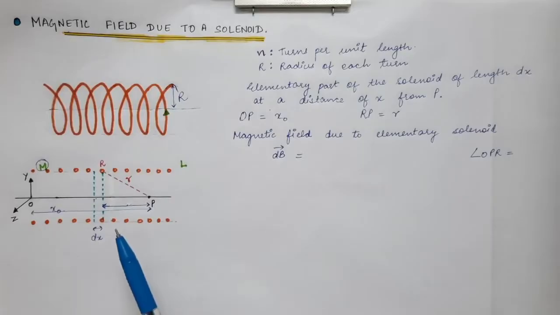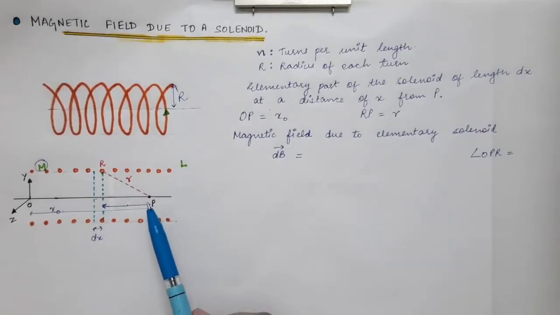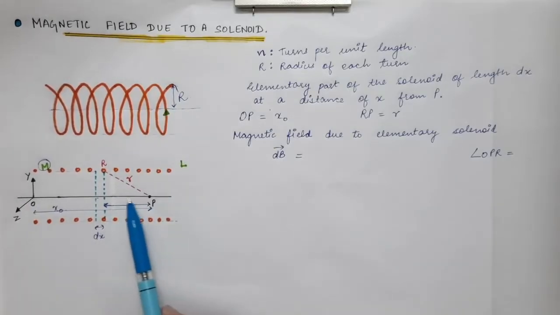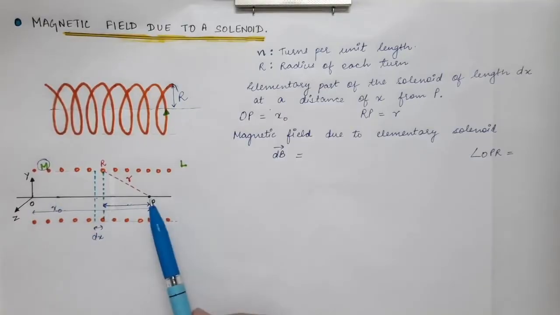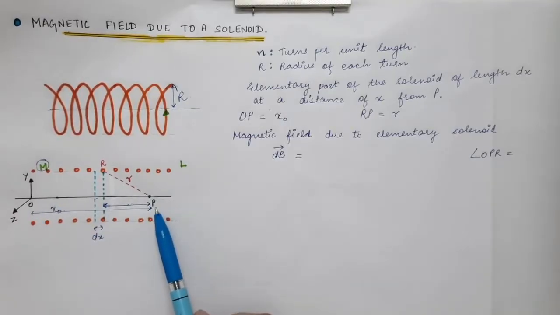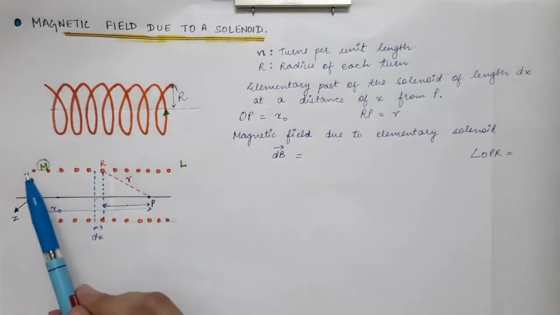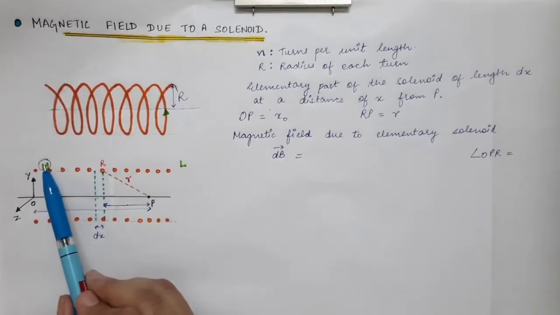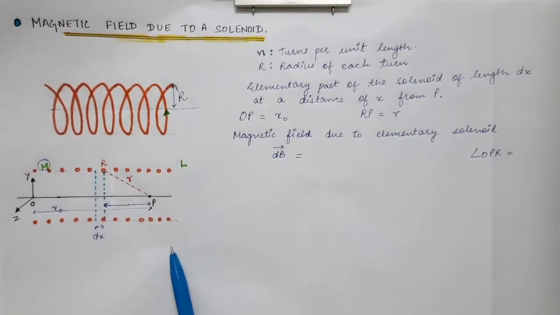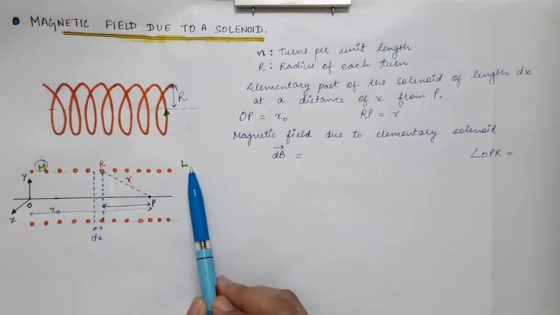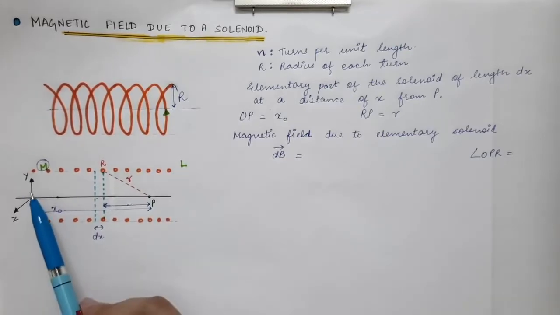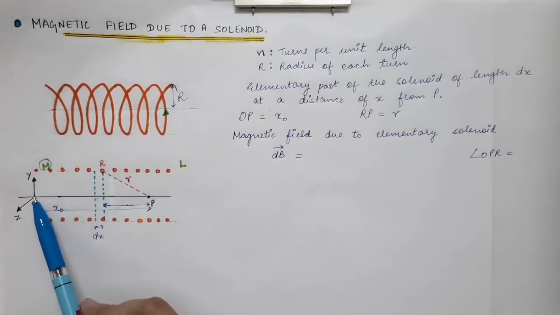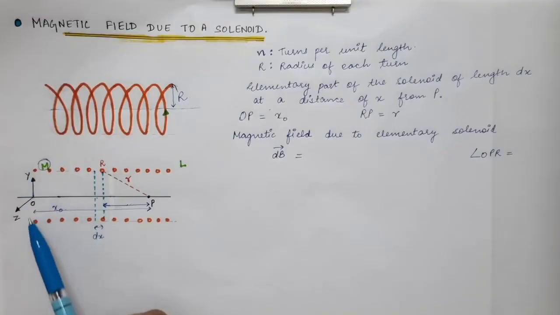Now we want to find out the expression of magnetic field at any point on the axis. So this is the axis of the solenoid, and P is the observation point where we want to find the magnetic field. Now over here, this end of the solenoid is represented by capital M, and this second end is represented by capital L. The coordinate system that we are taking has its origin on one end of the solenoid.